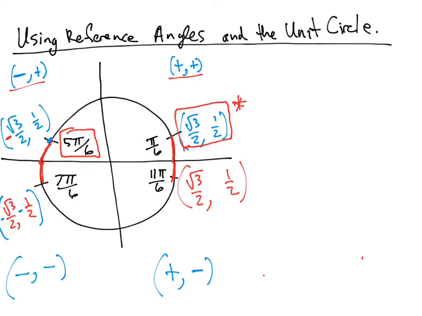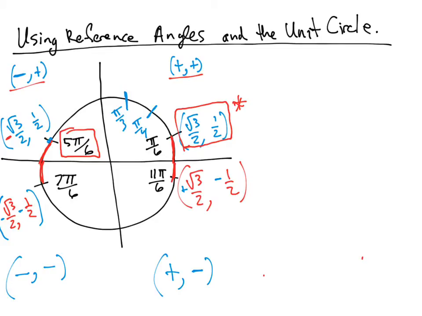So this is a quick, helpful way to use reference angles in the unit circle. If you are able to remember what happens in the first quadrant with those angles and the coordinates, no matter where we are, we can use what's in the first quadrant to figure out the coordinates.